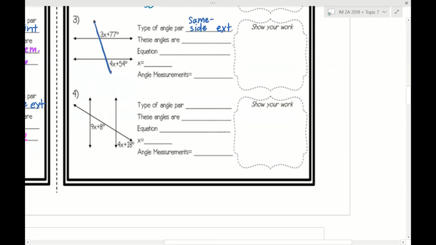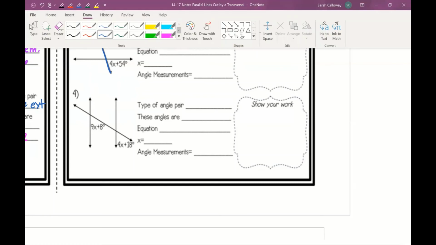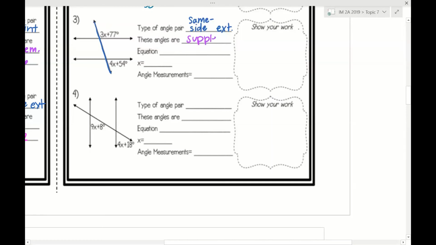And anything that's same side, whether it's interior or exterior, remember, are supplementary angles, which means that I'm going to take them, add them, and set equal to 180. So I have 3x plus 77 plus 4x plus 54, and that's equal to 180.